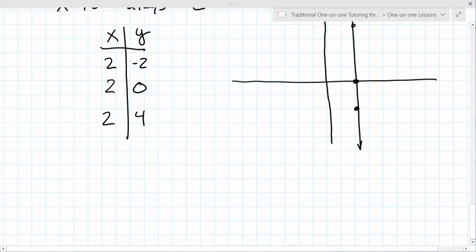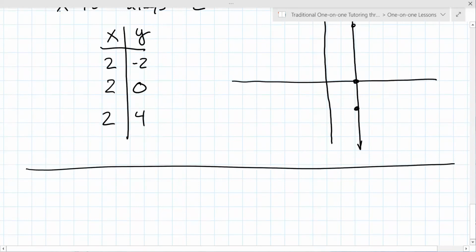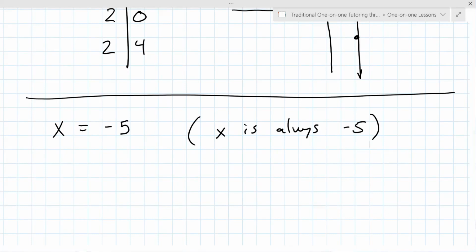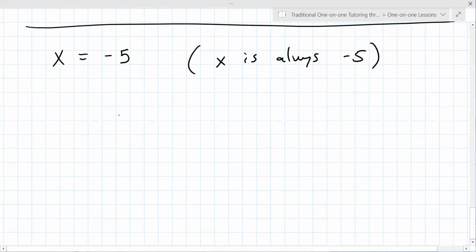Let's try another one here. Let's say x equals -5. This means x is always, without exception, -5. Okay, so let's make another table here. Let's say y is 3. What's the value of x?